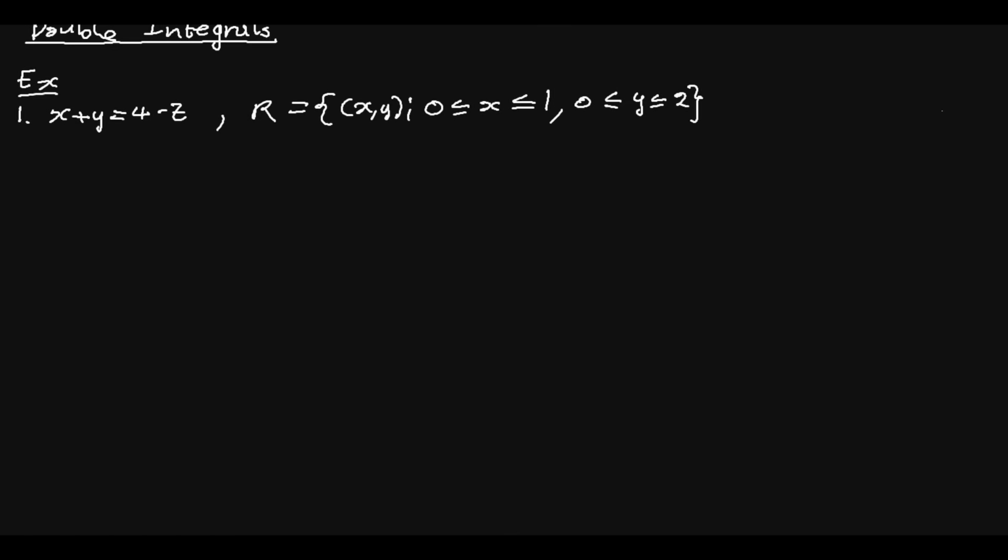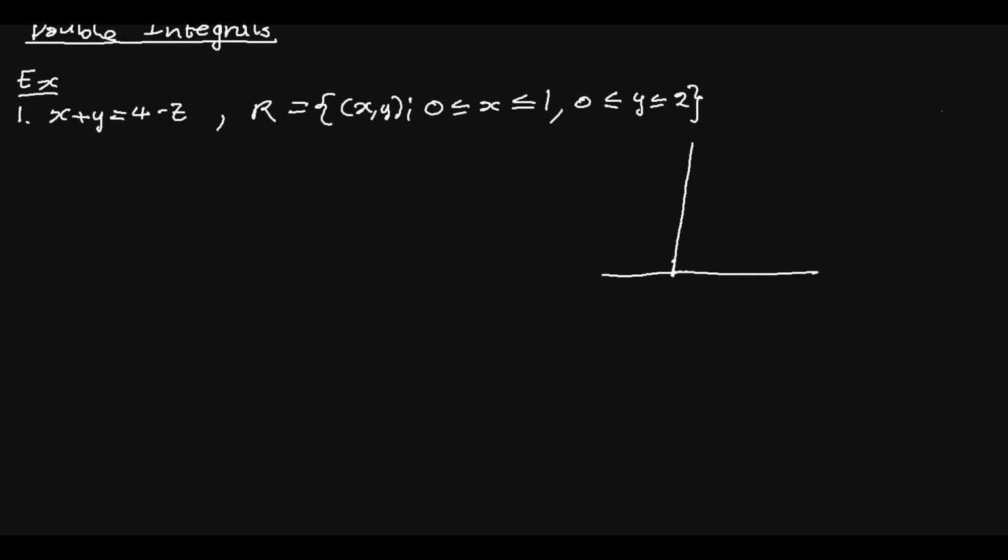So how do we find the solution? This one is really the simple case. I will just draw the region for the sake of drawing it. When you have to draw the region, you don't have to worry about the z-axis. You can just focus on the x and y only.